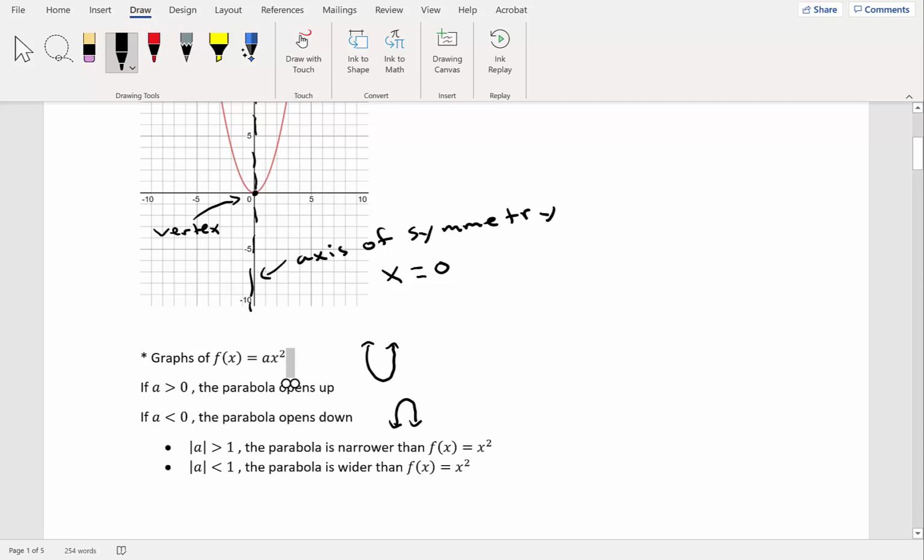I know we have two conditions here. If the absolute value of a is bigger than 1, the parabola is narrower than f of x equals x squared. If the absolute value of a is less than 1, the parabola is wider than f of x equals x squared.